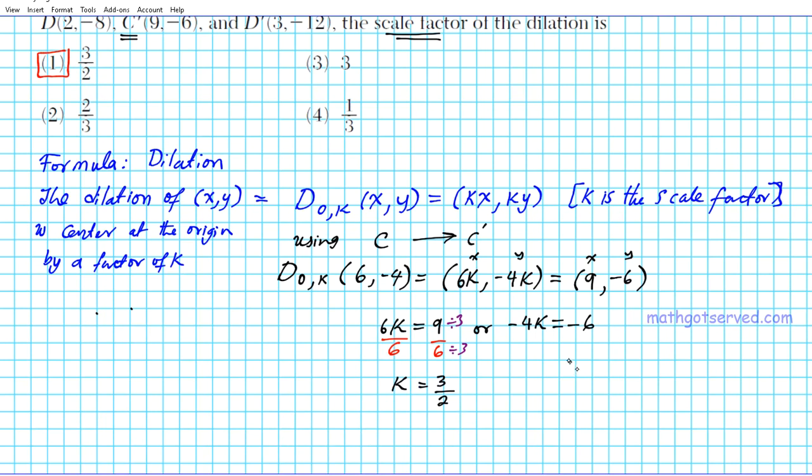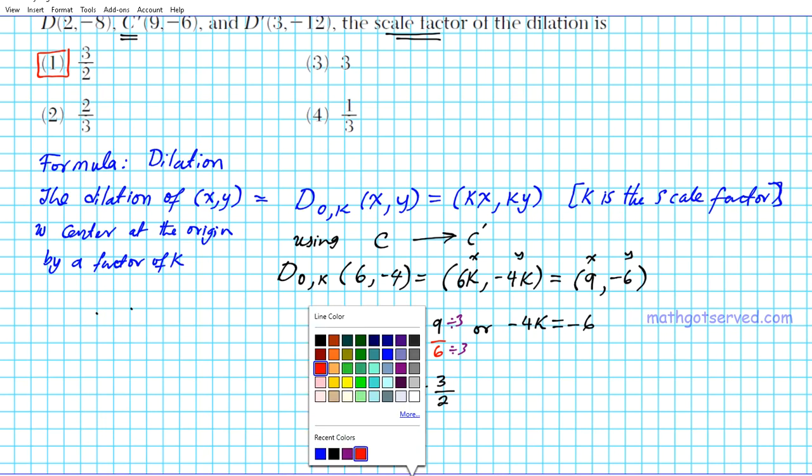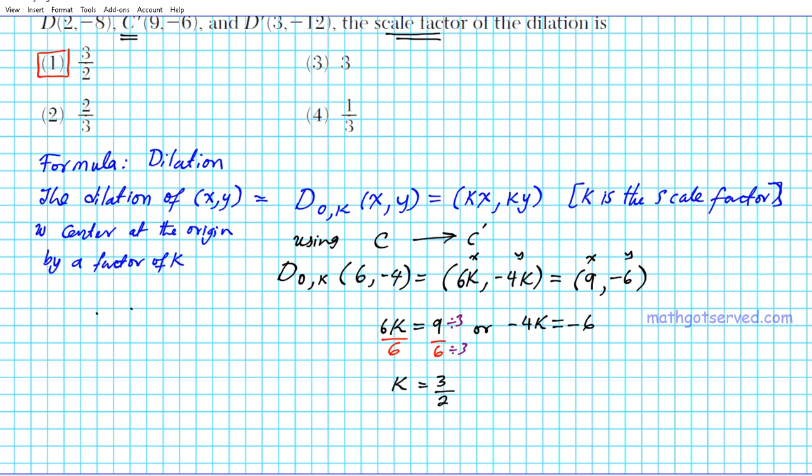Now, what if you wanted to use a y equation because you don't like x's? The same procedure. You want to isolate k, so you divide by the coefficient of k, which is negative 4. In the x equation, it was 6, so we divided by 6. Here in the y coordinate, the coefficient is negative 4, so divide both sides by negative 4.